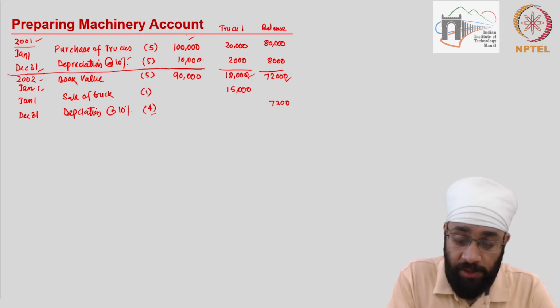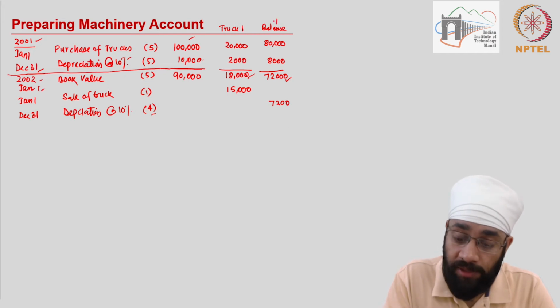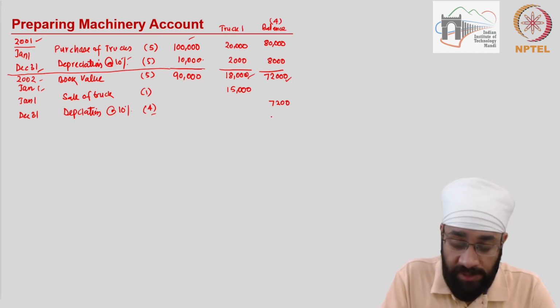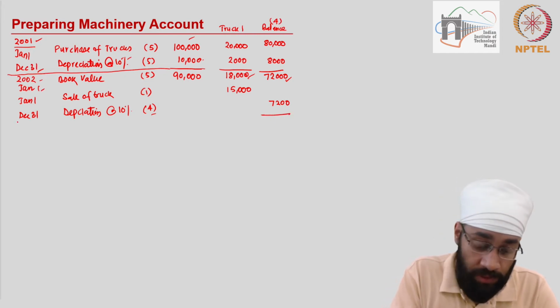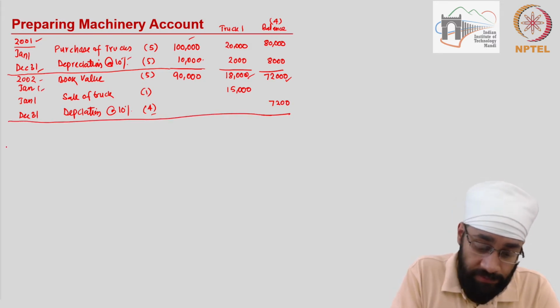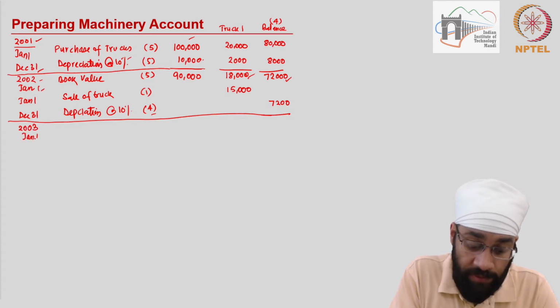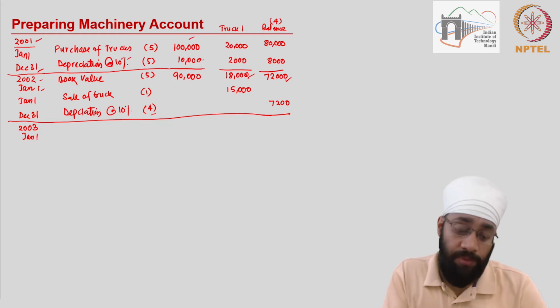So this column is now discontinued because you're left with only 4 trucks. This gives you the value of the asset on 2003 January 1st, on the very first day or the last day of the previous year.